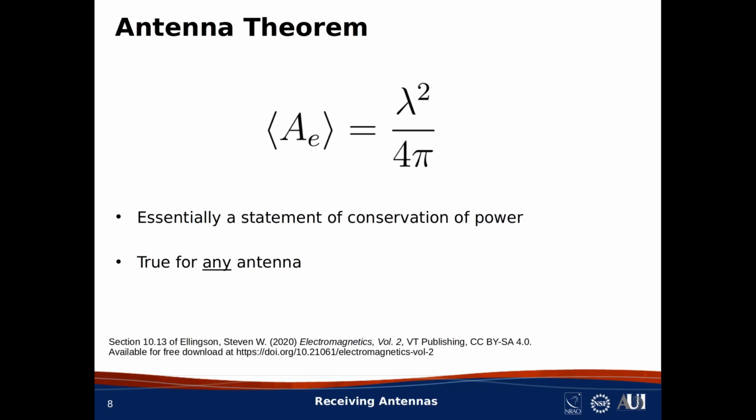It's not really a difficult derivation, but it's outside the scope of what I want to accomplish in this lesson. If you're interested in this derivation, and I hope you are, one place where you can find it is in the textbook cited at the bottom of this page, and in a number of other decent textbooks. For our present purposes, it's sufficient merely to know this expression, what we call the antenna theorem, and to know that it applies to any antenna.